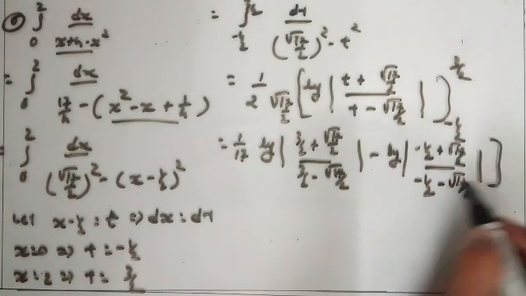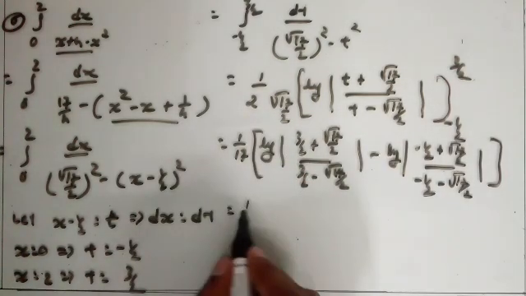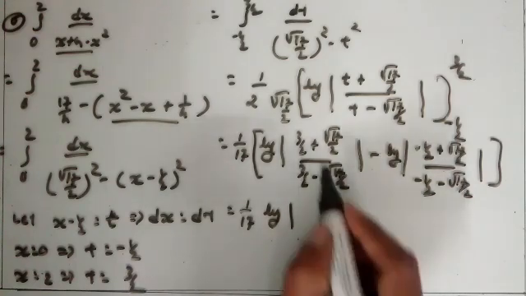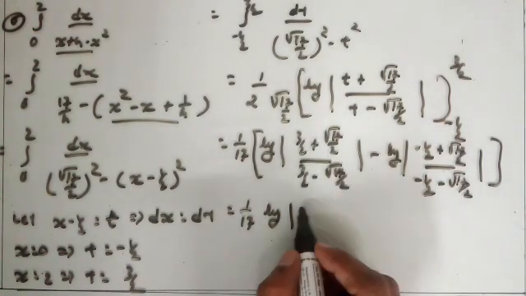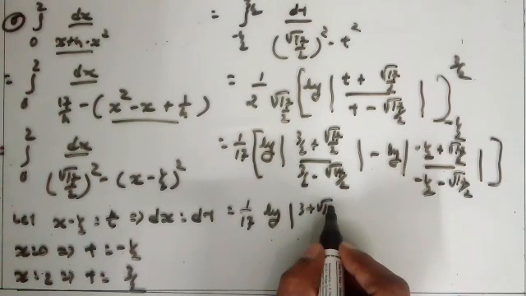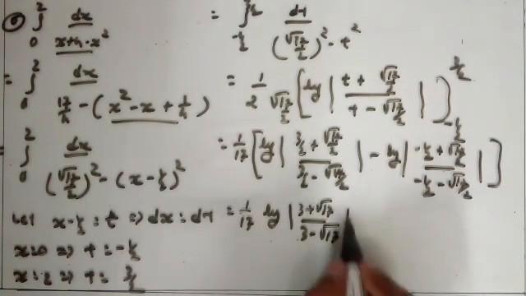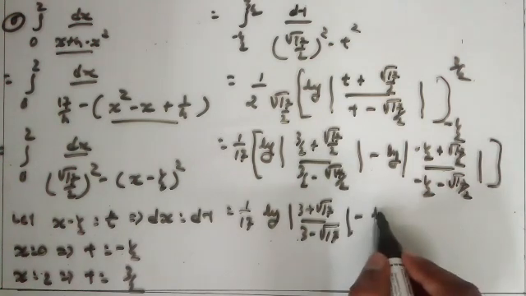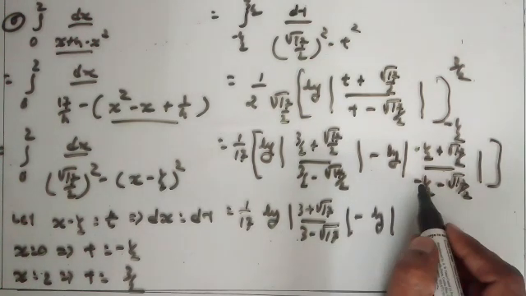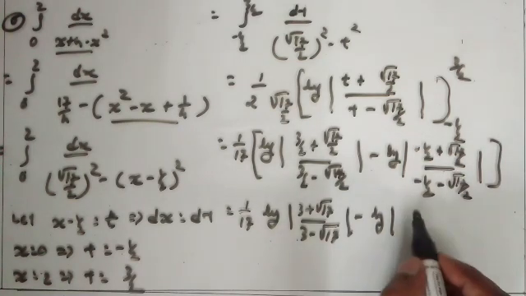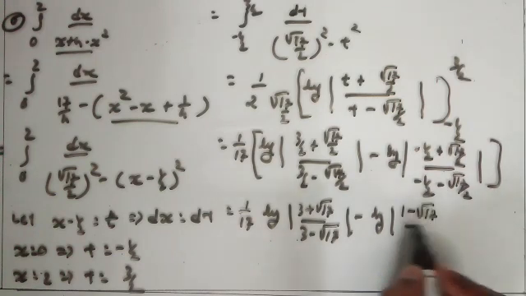Okay, bracket over. So it is equal to 1 upon root 17 log, here taking LCM of 2, so 3 plus root 17 upon 3 minus root 17. Clear? Minus log, here taking minus 1 by 2 outside, that is dividing by minus 1 by 2, here we get 1 minus root 17 upon 1 plus root 17. Clear?